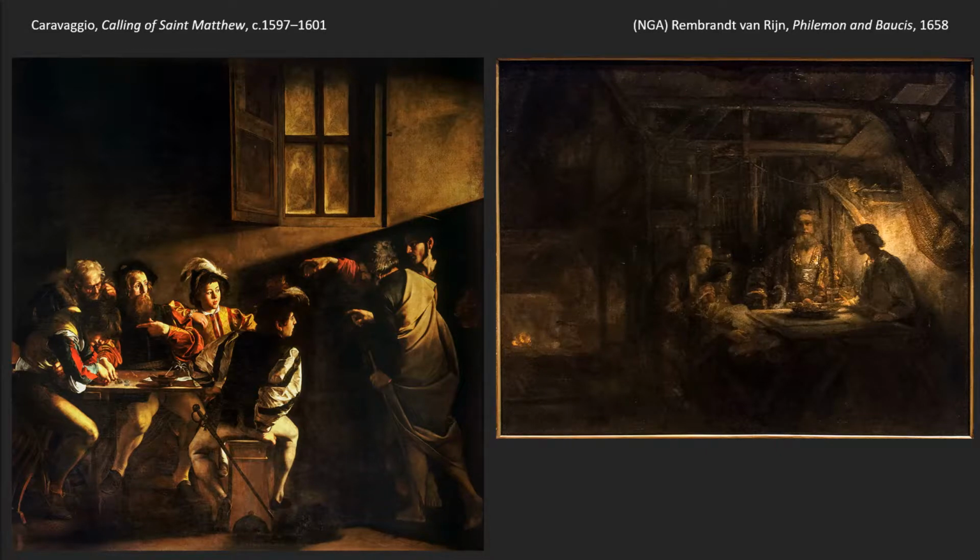And Rembrandt is picking up on Caravaggio because a number of other Dutch painters had gone to Rome and came back to Holland making Caravaggio-inspired works. And those are the ones that Rembrandt saw, right? So when I say the style comes directly out of Caravaggio, it's a little inaccurate. It comes indirectly out of Caravaggio. But there is a line we can trace from Caravaggio to Rembrandt.